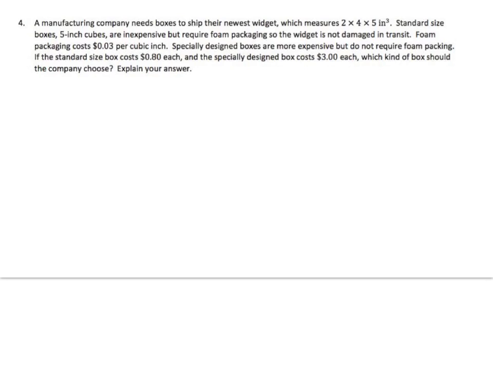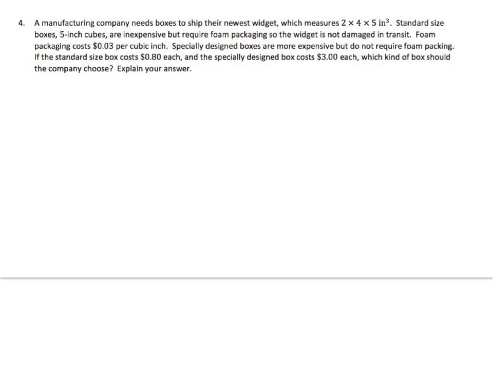So last question. A manufacturing company needs boxes to ship their newest widget, which measures 2 by 4 by 5 inches. Standard size boxes, 5-inch cubes, are inexpensive but require foam packing so the widget is not damaged in transit.